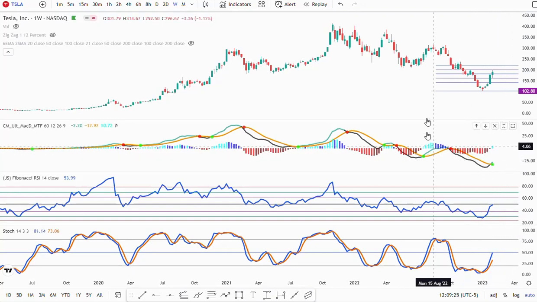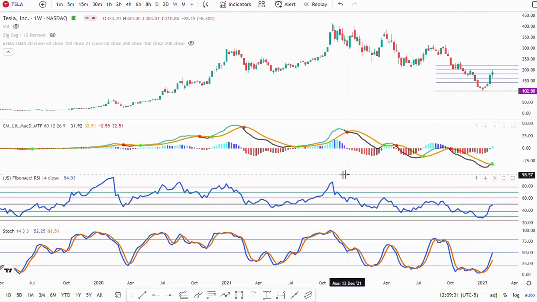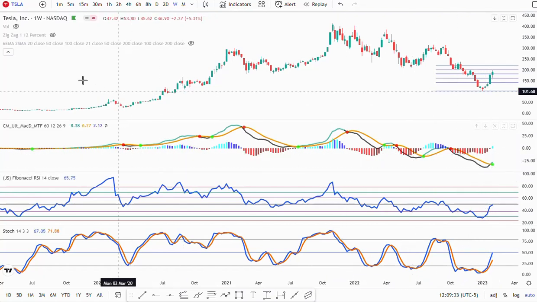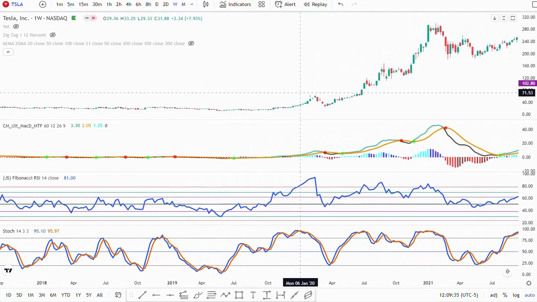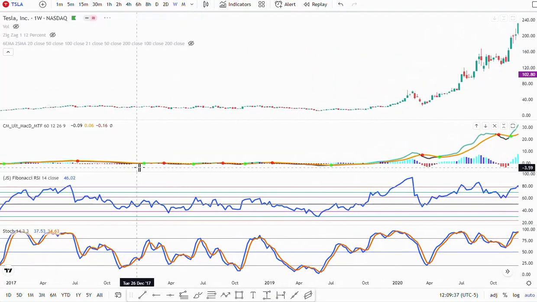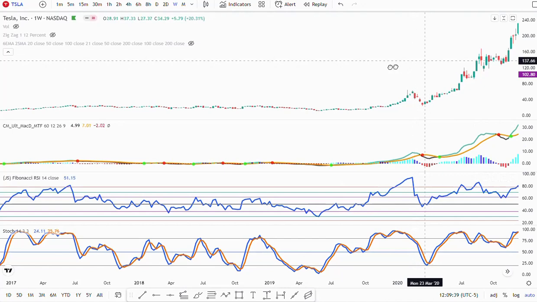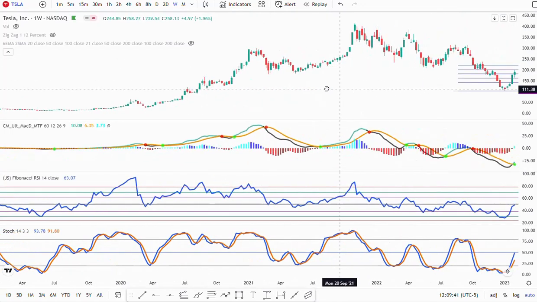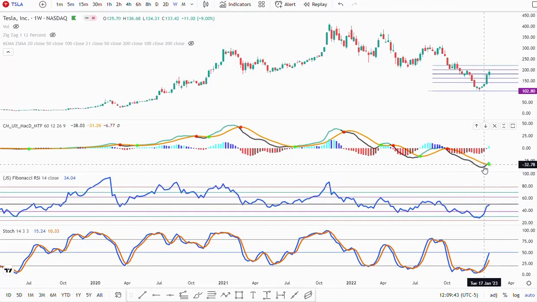MACD, because of the sharp sell-off, fell all the way down to this level. You haven't seen MACD at this level on the weekly for a very long time. If you go to the left, you don't see MACD that deep below the zero line. So MACD would need quite a bit of work, but you can see that it has now crossed.